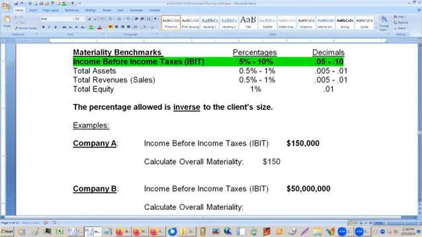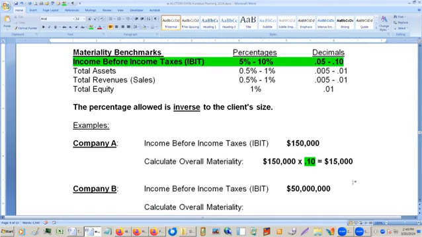It's because the actual dollar amounts in total are usually not that big because it's not as big of a company. So you might allow a smaller company to use 10%. Say, okay, we'll count 15,000 as material.